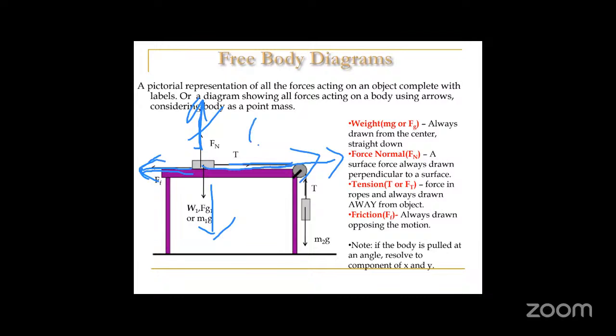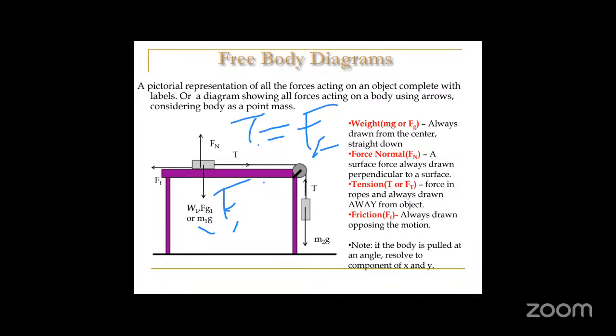So we can write that T is equal to Ff, that is the horizontal force, and we can also write that Fn is equal to Fg. This is the vertical force, because the object is at equilibrium.